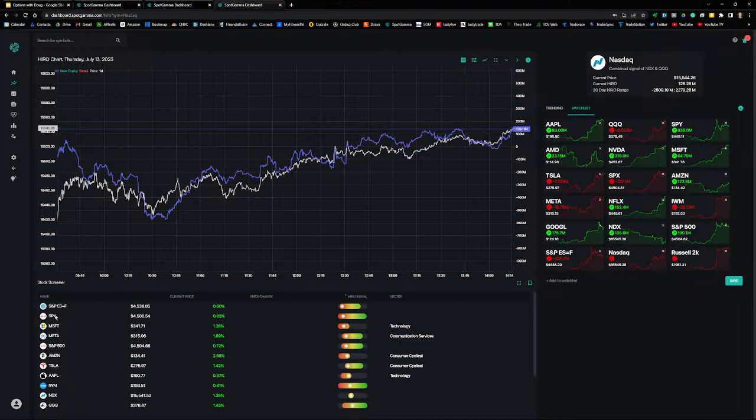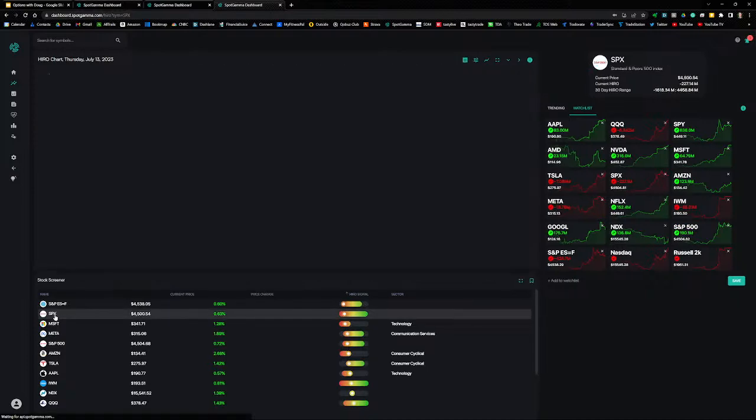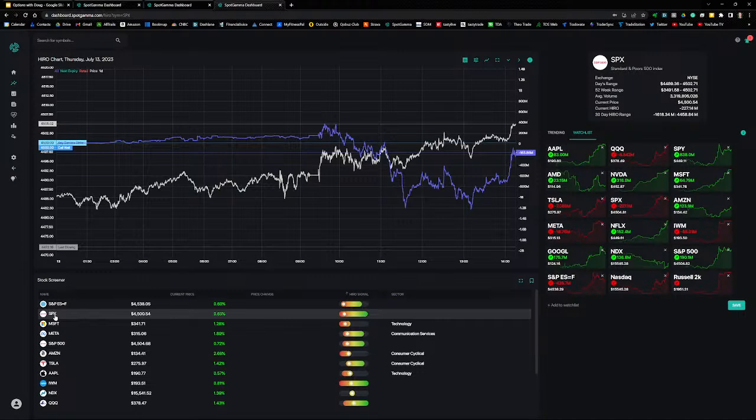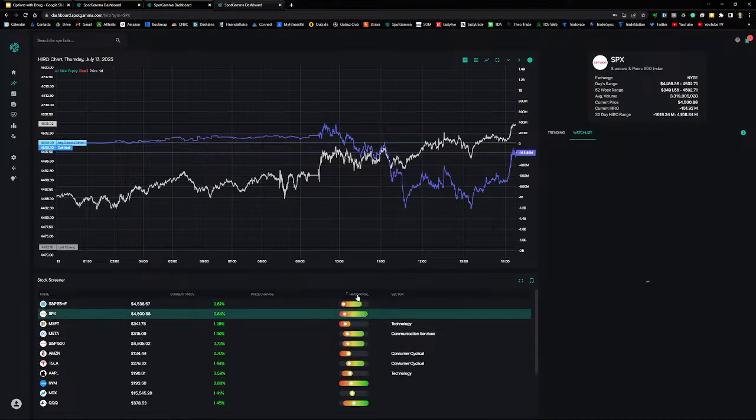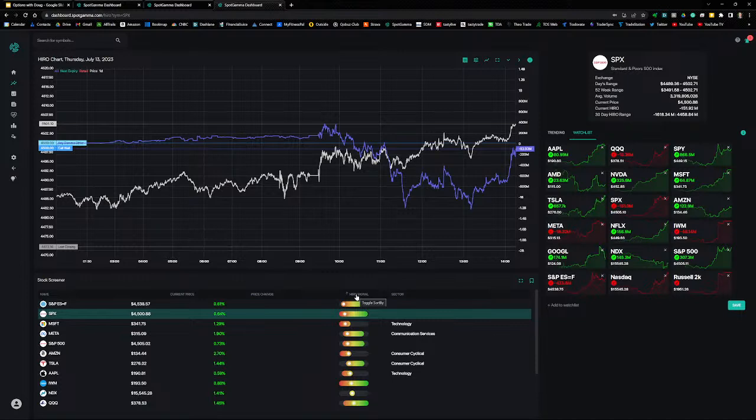And in this case, it's not necessarily giving good information. Let's scroll down, or let's sort it. So SPX, a pretty weak signal.